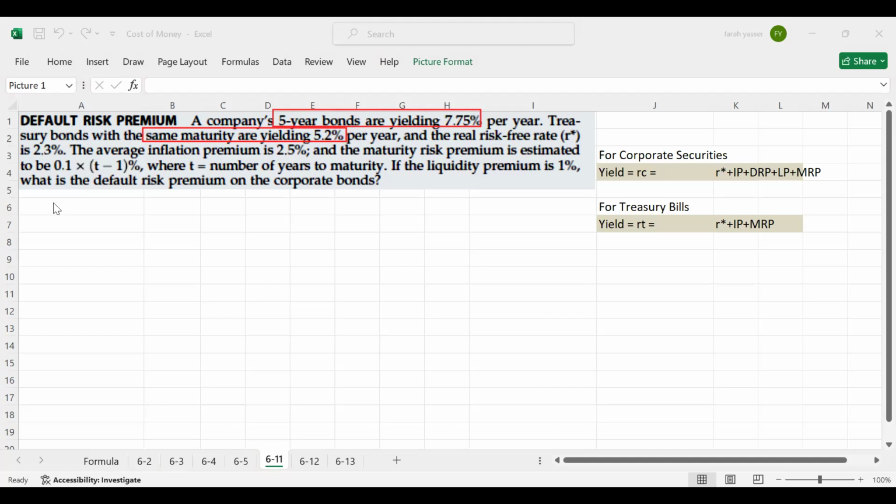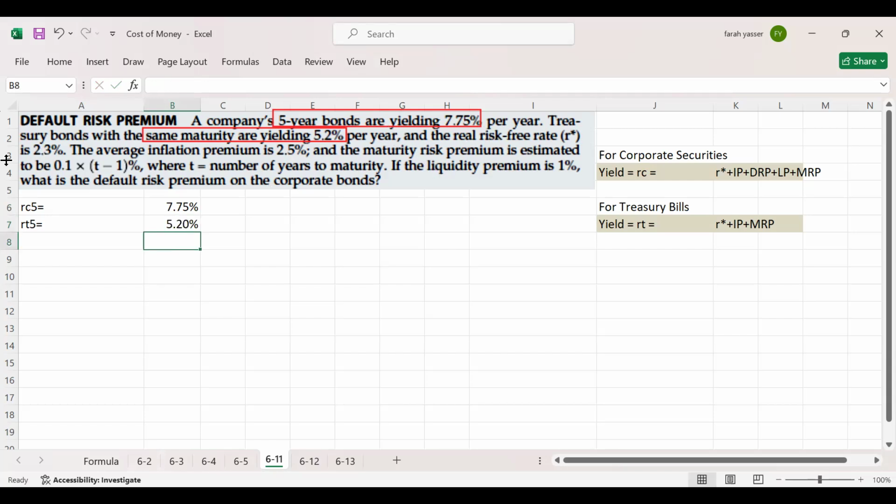So in the data we have RC5, which is 7.75%. On the other side, we have RT5, where RT stands for treasury bills. So RT5 is 5.2%. So these two are given.